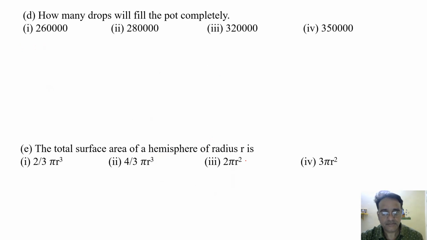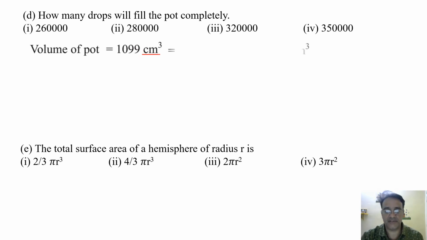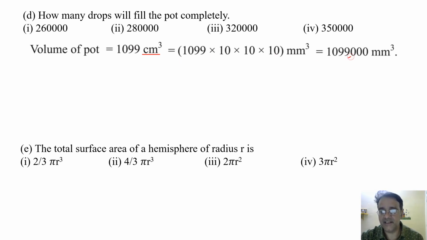Now the next question, how many drops will fill the pot completely. The volume of the pot is already given in the question, 1099 centimeter cube. So we will convert it into millimeter cube. So we'll multiply by 10 three times, because it is a cube. So finally we'll get 10,99,000 millimeter cube.